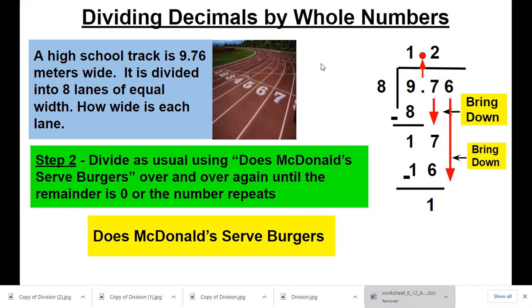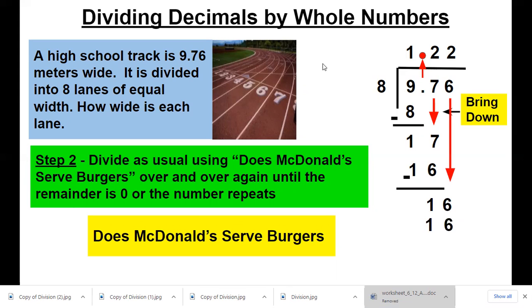Okay, so I'm going to bring down my 6 this time. So now I do it over again. Divide, multiply, subtract, bring down. 8 divided into 16 goes twice. Multiply, 2 times 8 is 16.